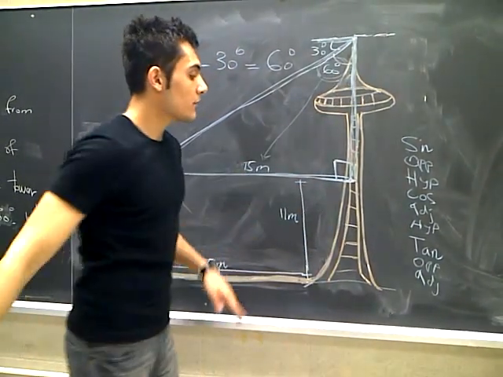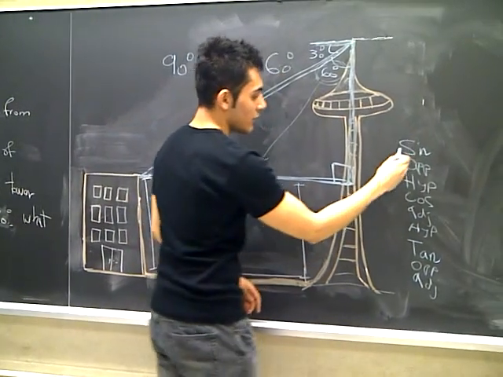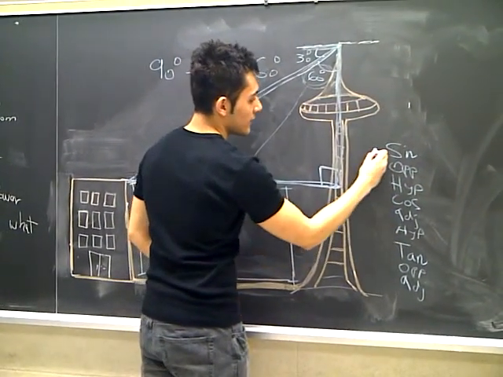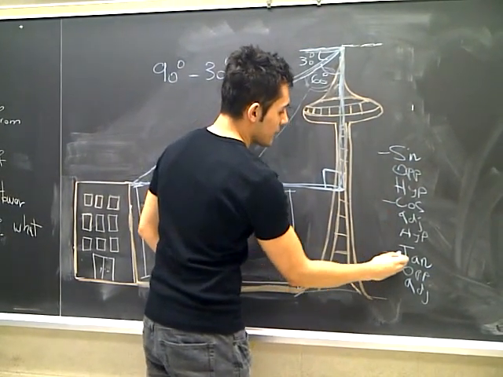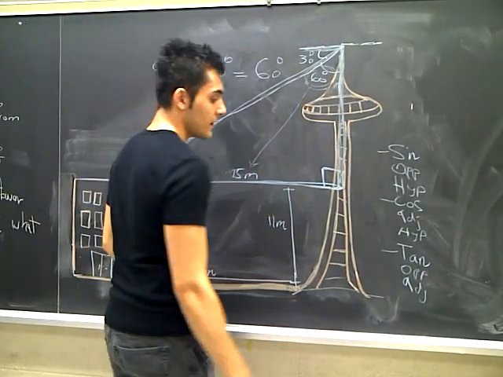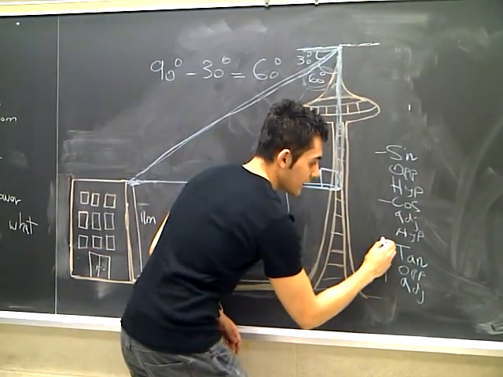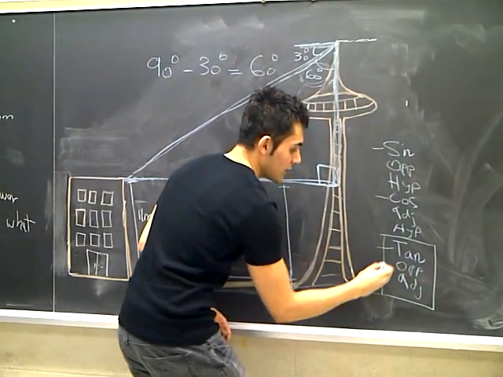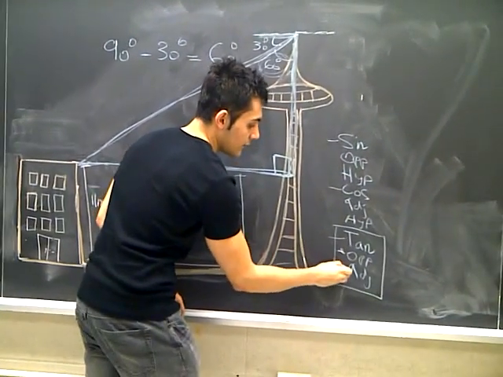So what we have to do is look through our list and see whether it's sine, cosine, or tan. Which one uses opposite and adjacent at the same time? In this case, we see that tan uses both opposite and adjacent.